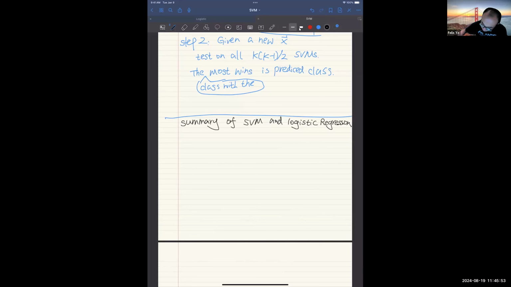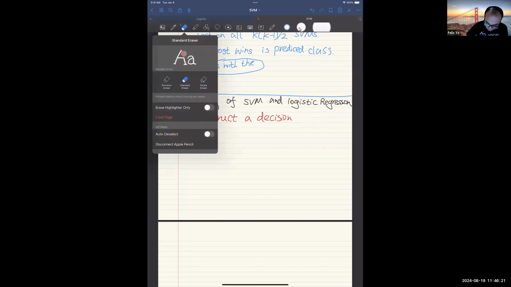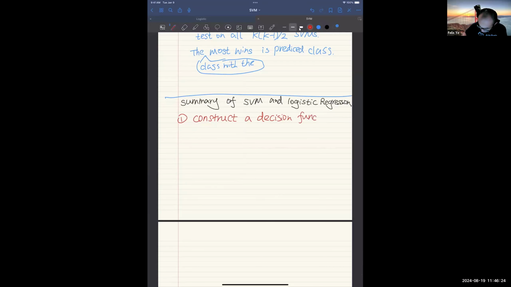So the key is we want to construct decision boundaries, a decision function, and this decision function is also called a classifier as well, depending on how we talk about it.